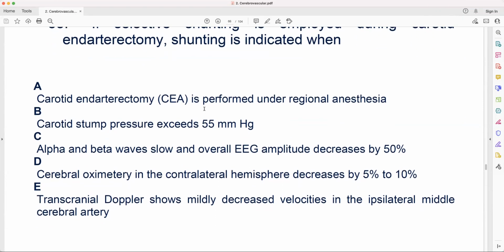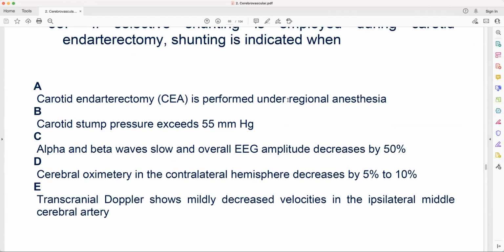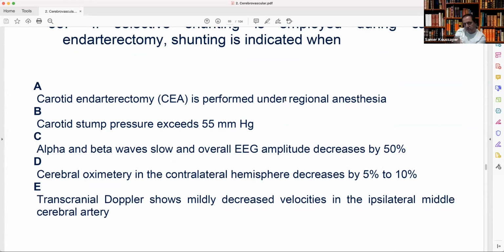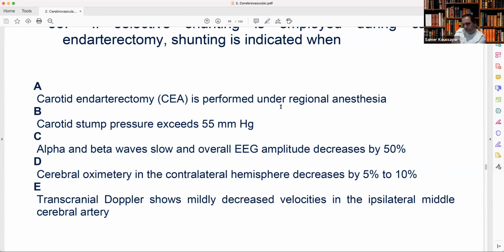First one, carotid endarterectomy is performed under regional anesthesia. Do we need to shunt in this case? It's local anesthesia, right? So the patient is awake. No, we don't need to shunt unless the patient develops symptoms. If it's regional anesthesia, then we can tell from his symptoms.